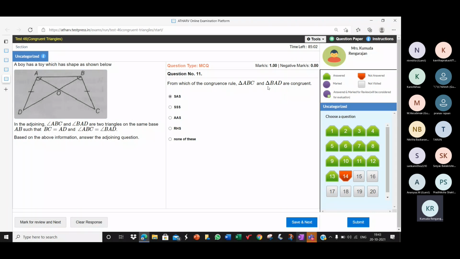Since these two triangles are congruent, their corresponding angles are equal. So angle C is equal to angle D.